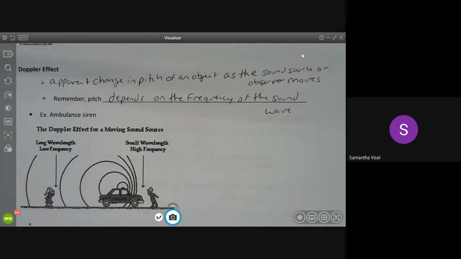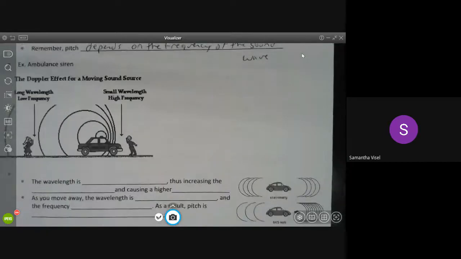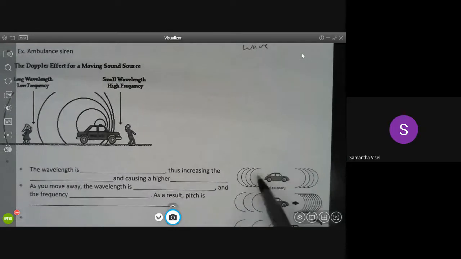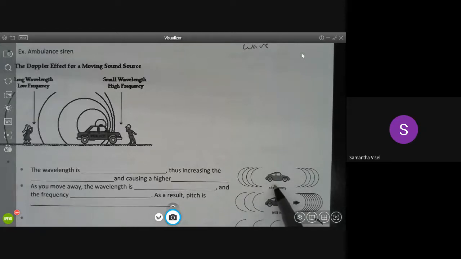So we have a sound source, something that is emitting sound, and if that sound source is stationary, so it's not moving, it's going to emit those sound waves evenly in all directions. So that sound is going to sound like the same pitch no matter where your position is around the source that is emitting a sound wave.